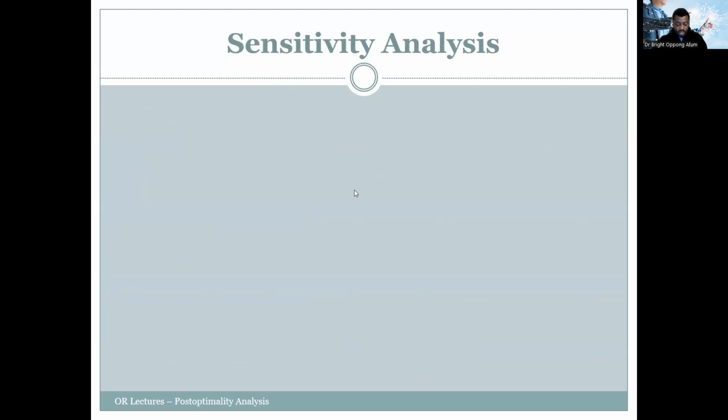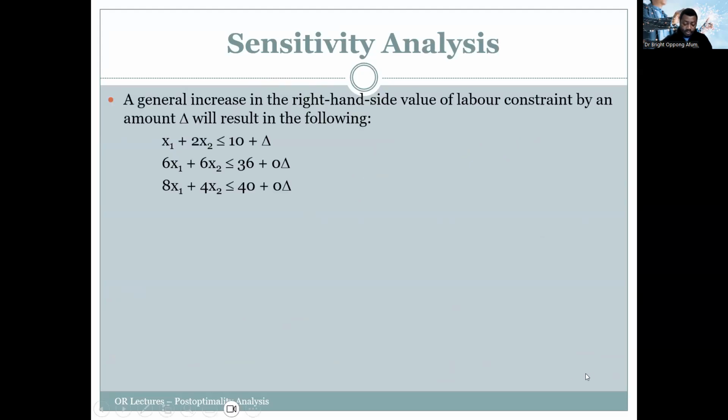Okay, so take this example. Now, a general increase in the right-hand side value of the labor constraint by an amount we don't know. A change will result in the following. So this is the initial problem where we have x1 plus 2x2 less than or equal to 10.